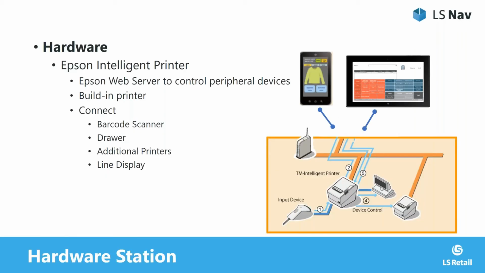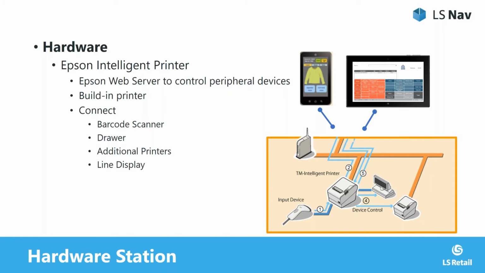Yours is the choice. You might ask, how do I connect all the peripheral devices like a scanner, line display, another printer, or for example, a drawer? We have here a hardware station. And one of the two flavors we have is a hardware station that is really a hardware itself. So for example, we have the Epson Intelligent Printer.